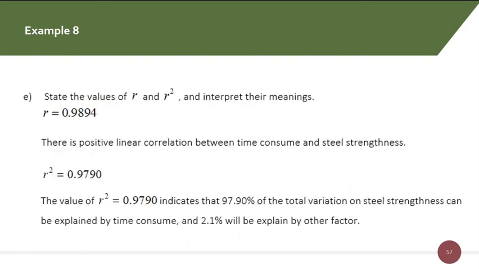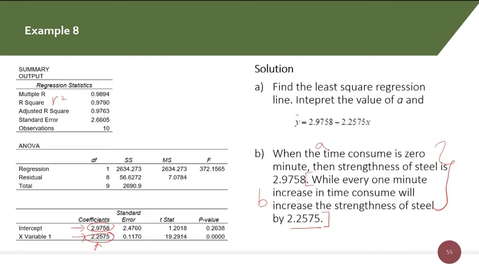Okay, for E, it is the same thing, finding R and R squared. You can find R from the summary output, this one, and the R squared from this output summary.